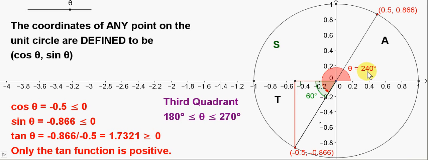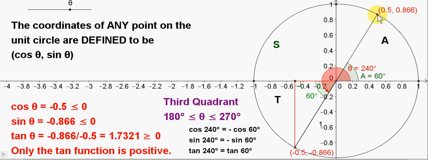So we can relate an angle of 240 degrees to an angle of 60 degrees. We know that the coordinates of this point are given by the cos and sine of this green angle here, which I'm calling A. So cos of 60 is 0.5, sine of 60 is 0.866. So we can relate the cos, sine and tan of 240 degrees to the cos, sine and tan of 60 degrees.